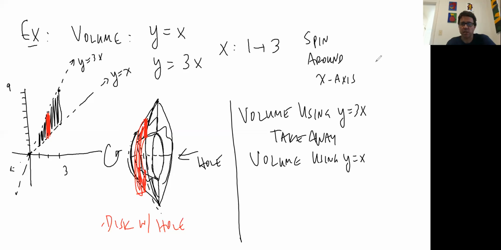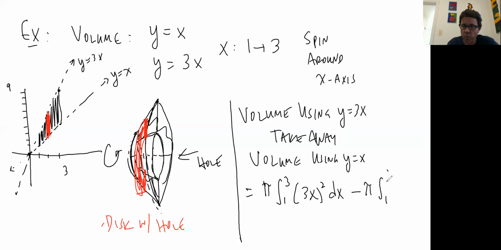So the picture is actually harder than the equation. The volume using the 3x will just be pi times the integral from 1 to 3 of (3x) squared, because the radius function is 3x, minus the volume from 1 to 3 using x. And that's it.